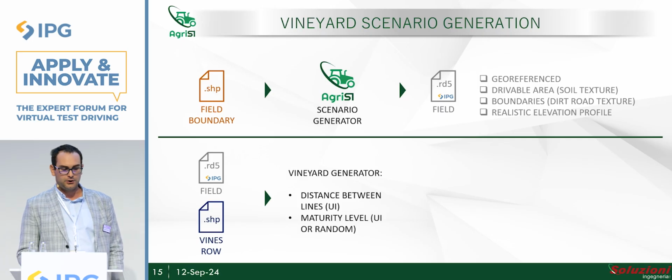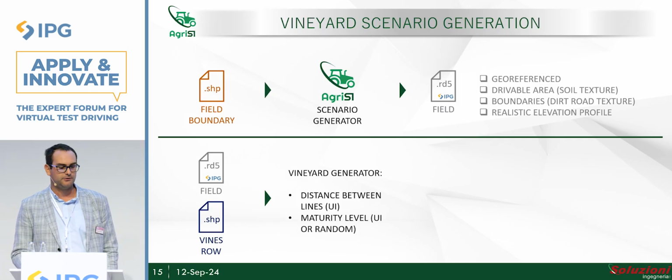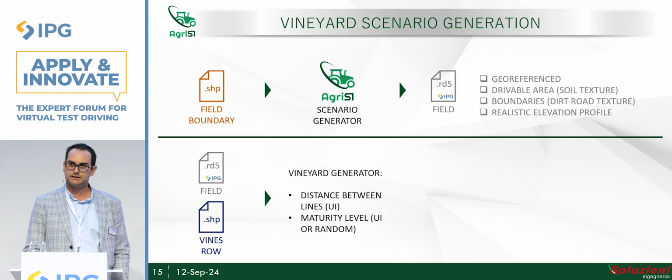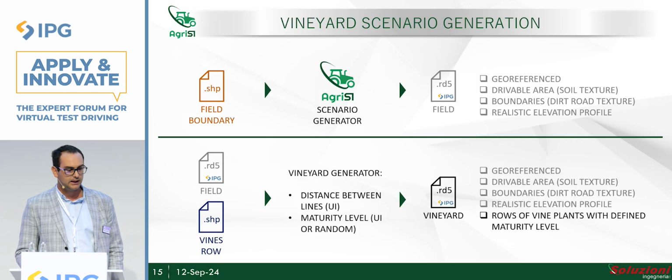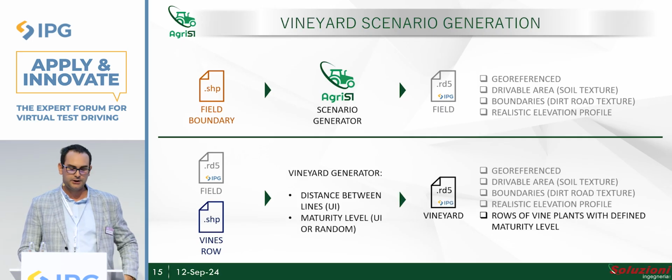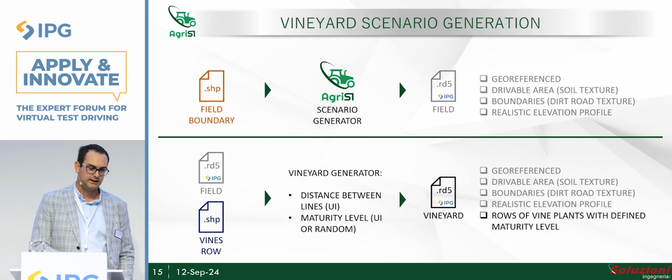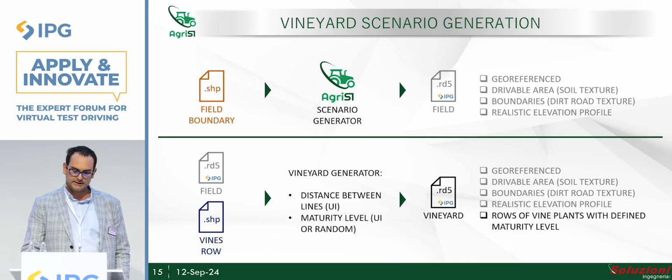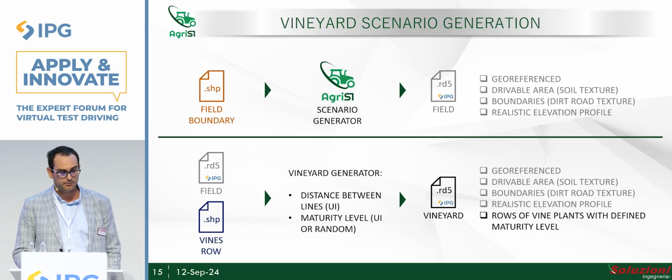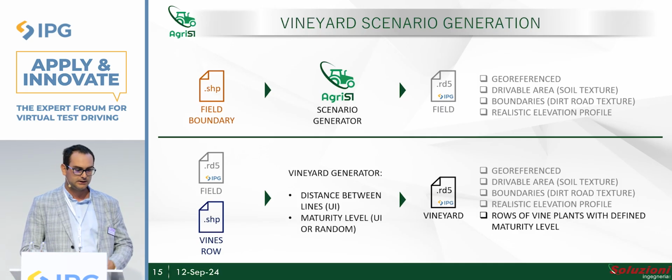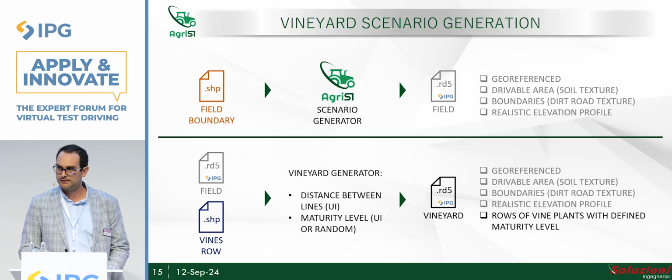We developed a new tool called Vineyard Generation, which asks the user for some parameters and generates a new RD5 file of the vineyard, which has the same characteristics of the previous one, plus rows of vine plants with defined maturity level.